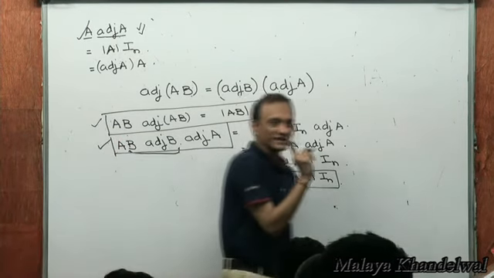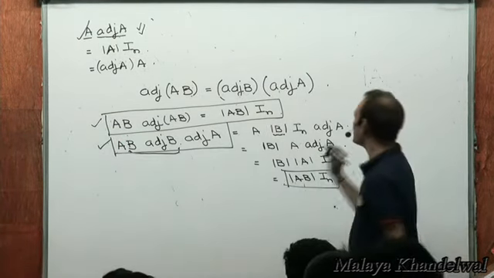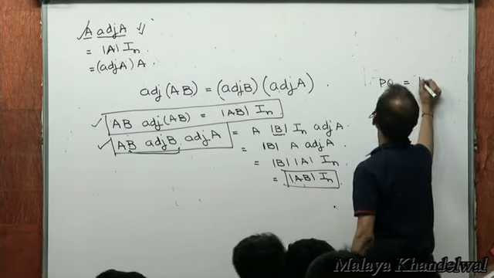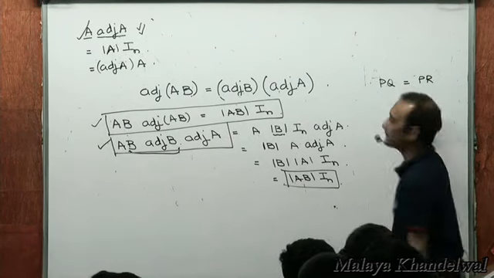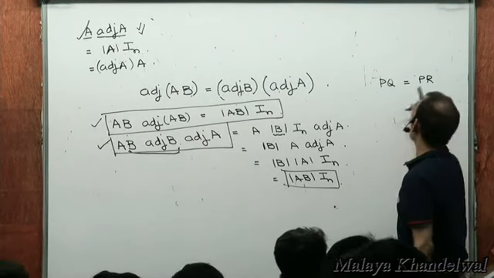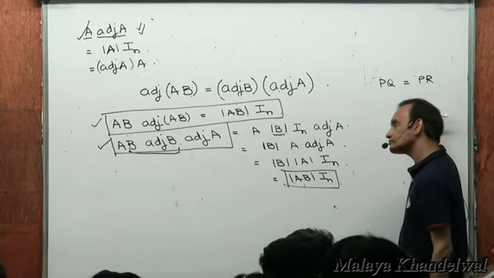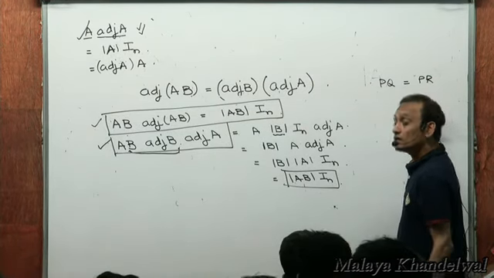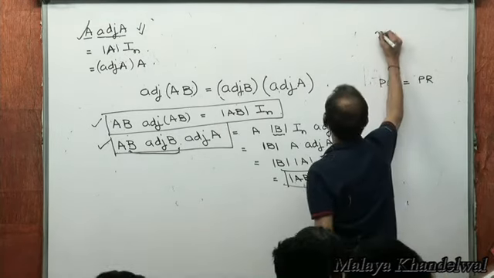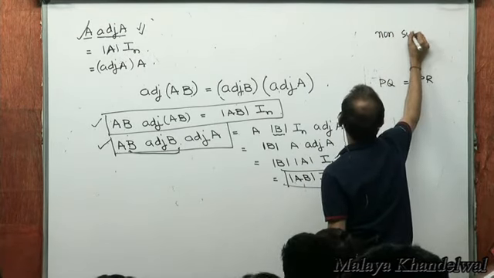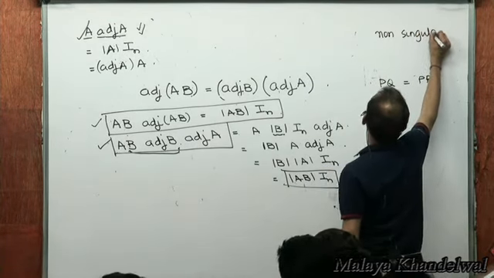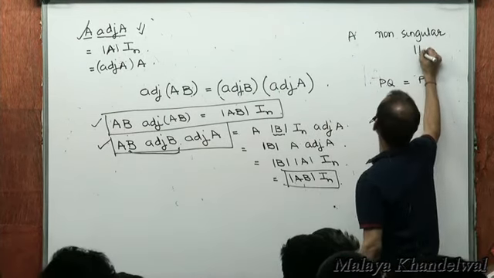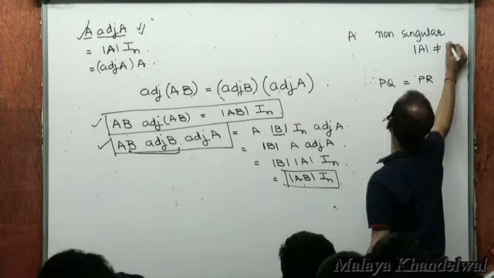Now, one thing, it will require more discussion, but if P into Q is P into R, and if P is non-singular. A square matrix is called non-singular. A is a non-singular matrix if determinant of A is not 0.